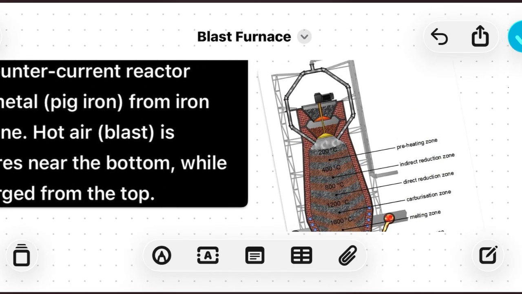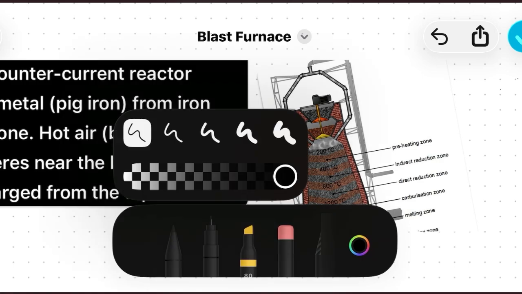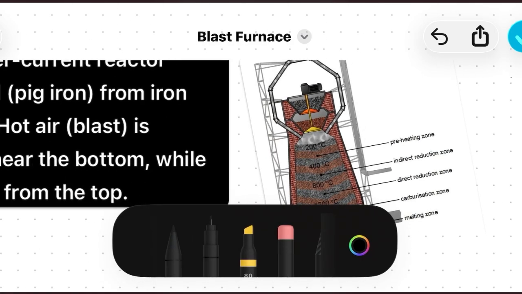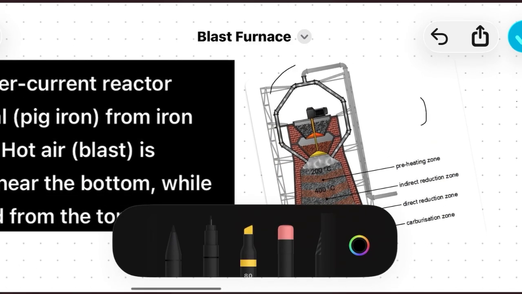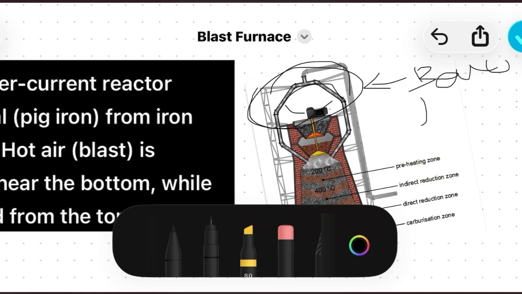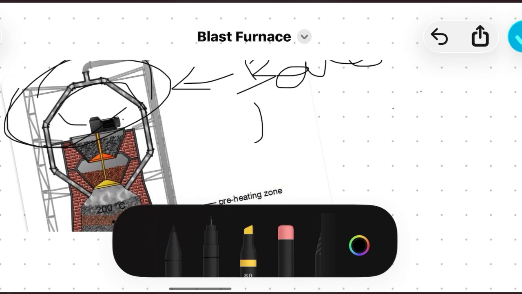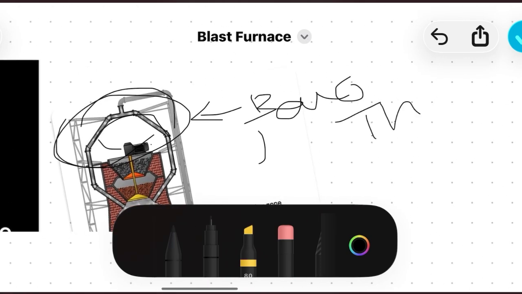And let's understand the actual zones of the blast furnace. Here, this region looks like a bell-type shape. So this blast furnace region is called the bell, or you can say the throat region.